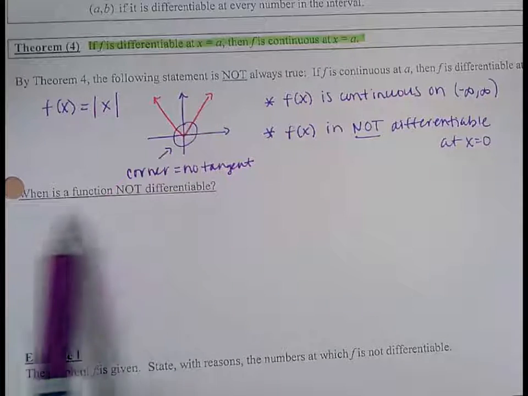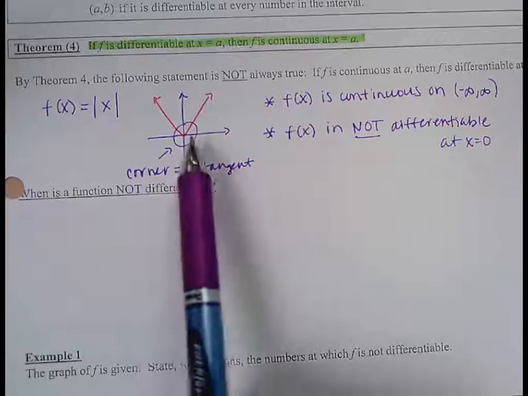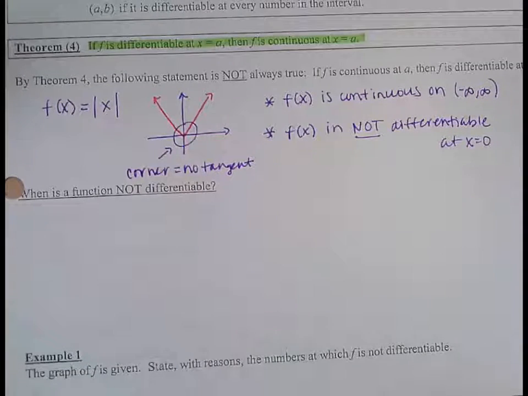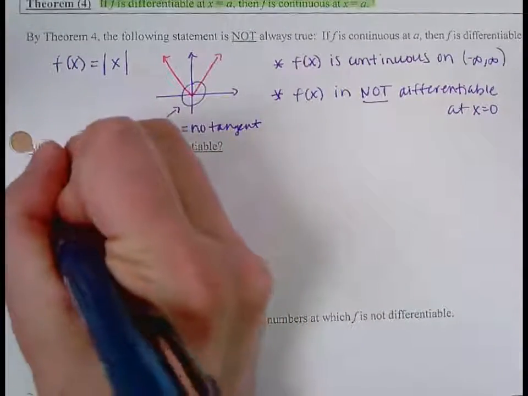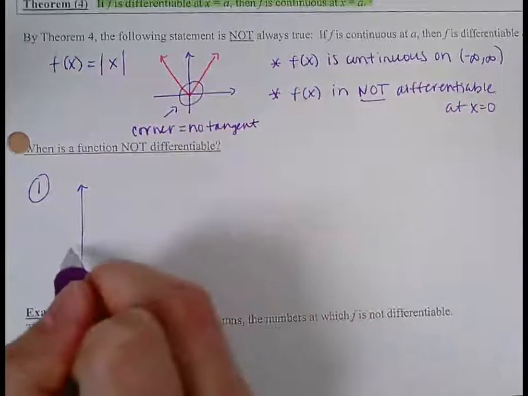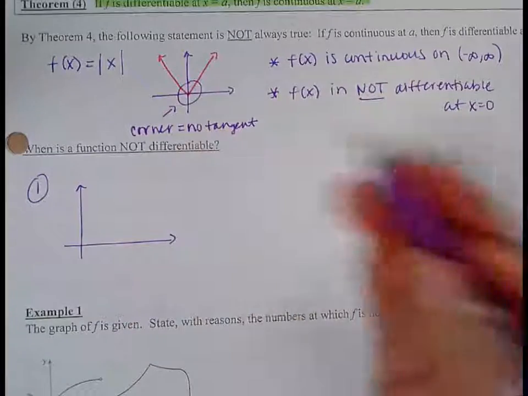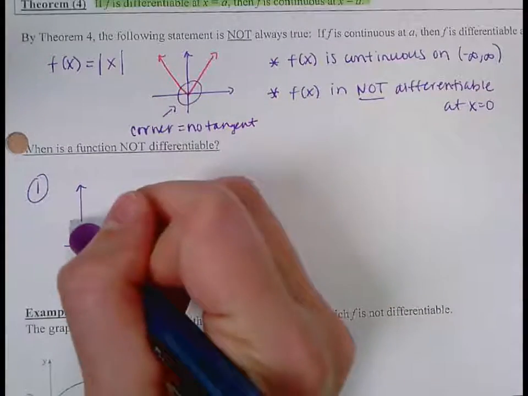So I'm going to show you a few different cases where a function is not differentiable. We already know one. If there's going to be a corner in the graph, it's not differentiable. So I'll just show that as number 1. We could have the same graph. But it could be a corner, or it could also be a kink in the graph.